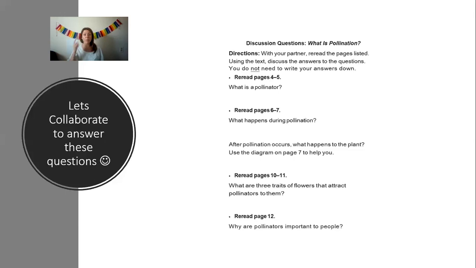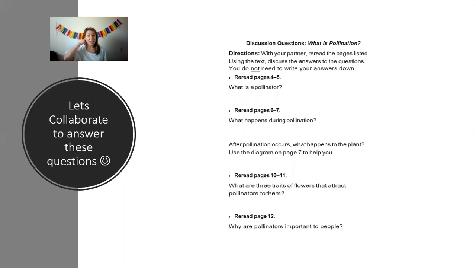Remember, pictures help us. And then on your own, I will reread pages 10 and 11, but you're going to answer on a Google Doc or on Google Classroom, sorry about that. What are 3 traits of flowers that attract pollinators to them? And then I will reread page 12 and you will answer, why are pollinators important to people?